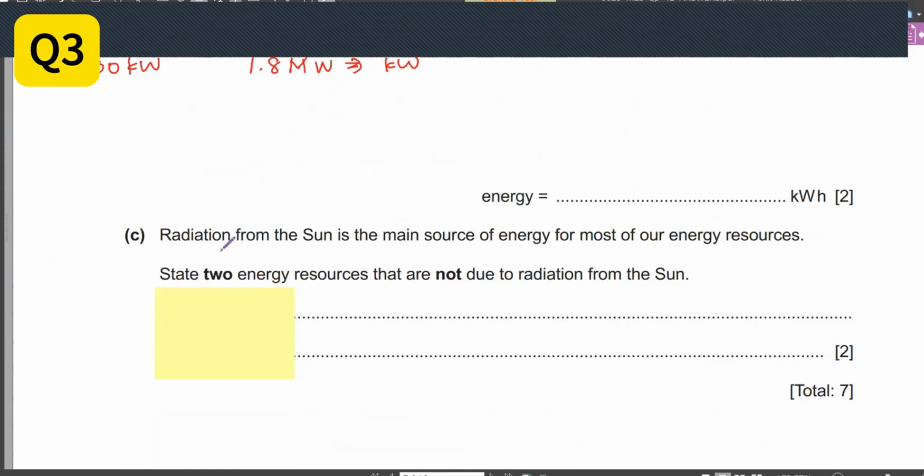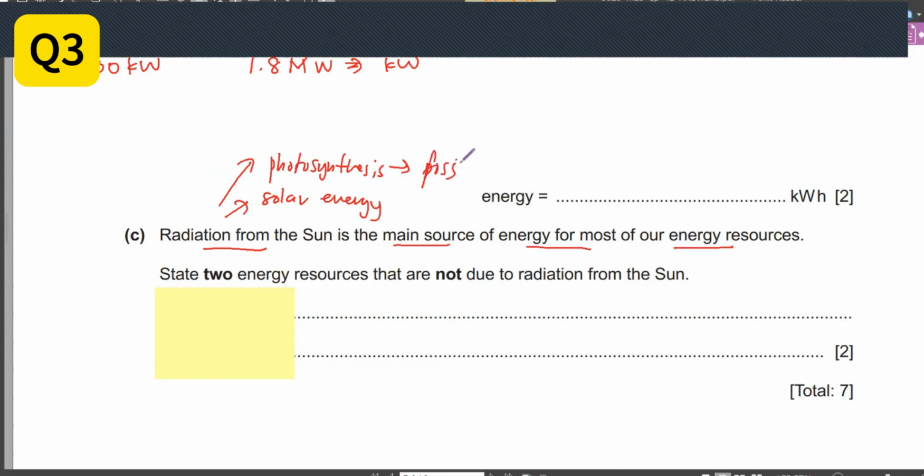Next question. Radiation from the sun is the main source of energy for most of our energy sources. For example, from the sun we can get solar energy, and then we can have photosynthesis, which will give us the fossil fuels and so on.